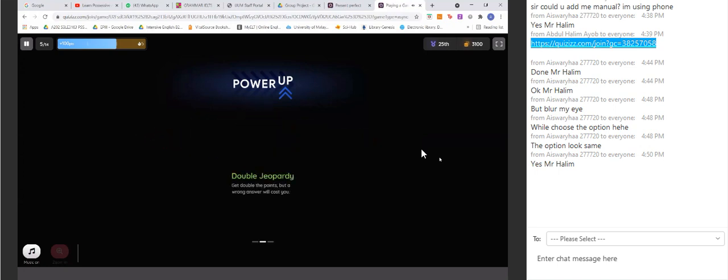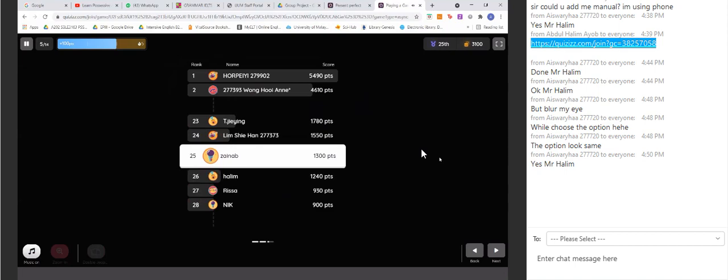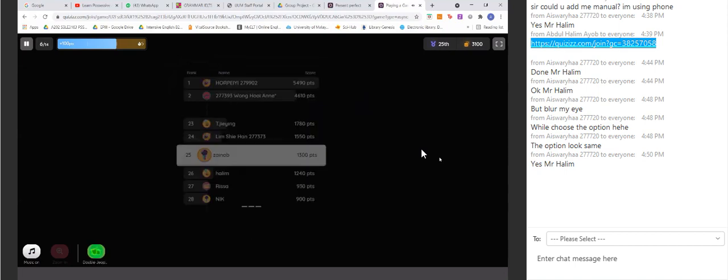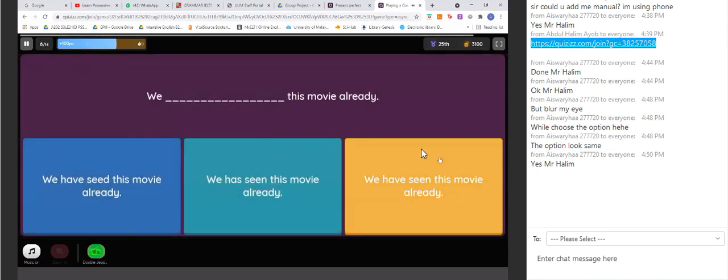Technically, this exercise is to refresh your mind on certain aspects of grammar as well. So let us take a look at this question again. Why is the blue one wrong? It's because of "we has".